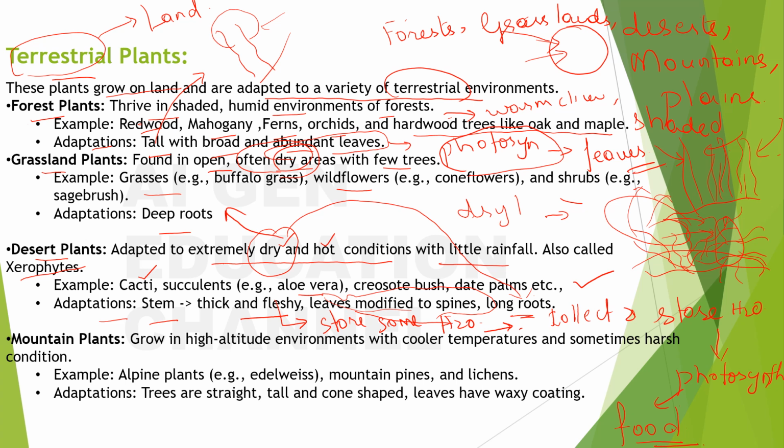Okay, now how about the mountain plants? They grow in high altitude environments with cooler temperatures and sometimes harsh conditions, right? There might be snow in the mountains, and it will be very cool, right? So the plants need a special type of adaptations for this. Okay, special adaptations.